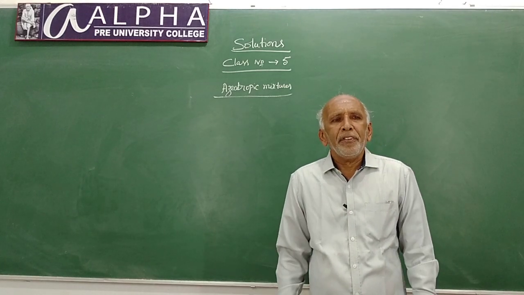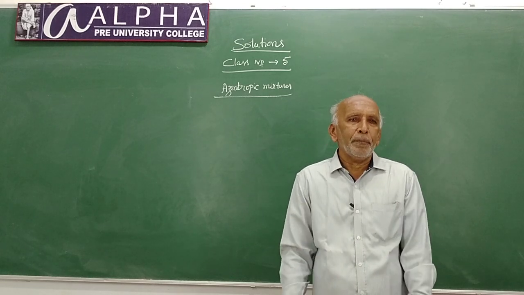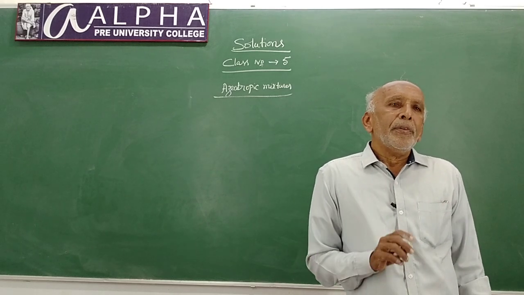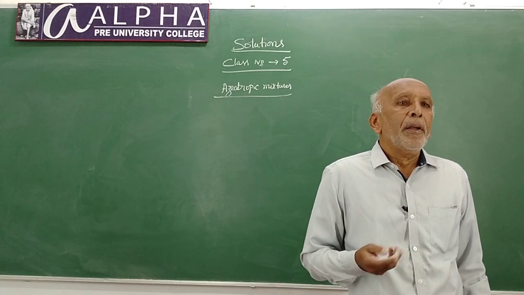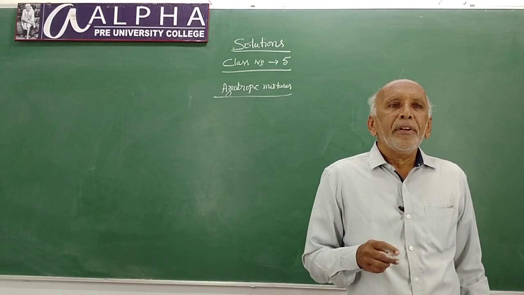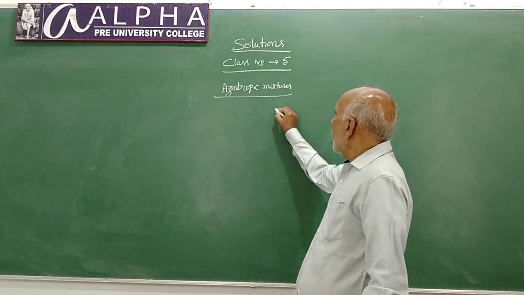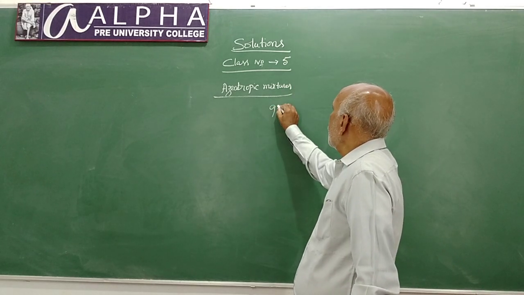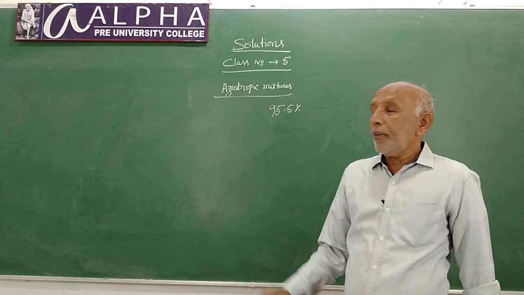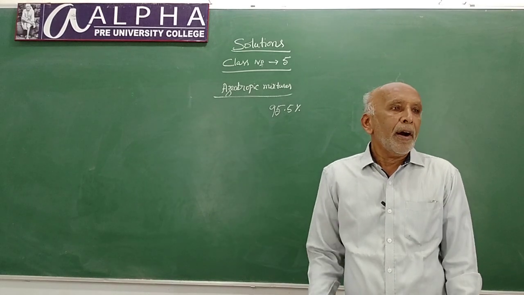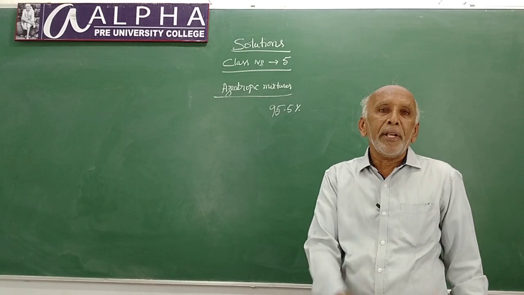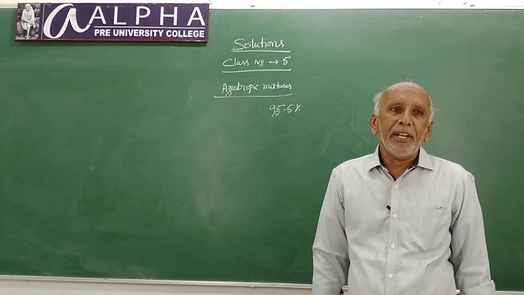Example, you can give any non-ideal solution as example, say ethyl alcohol and water. A mixture of ethyl alcohol and water on fractional distillation gives a product of 95.5% alcohol, that is rectified spirit, from which the remaining part of water cannot be separated by fractional distillation.